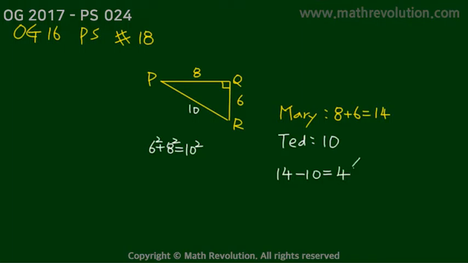So Mary traveled 4 miles more than Ted. So the percentage difference, like the question asked, would be 4 over 10, which is 0.4, and that'll be 40%. So the correct answer choice would be B.